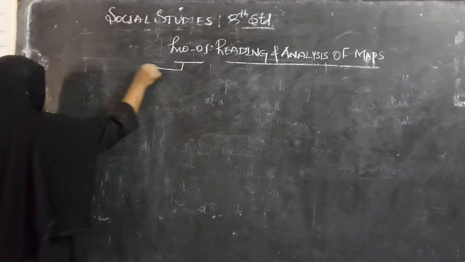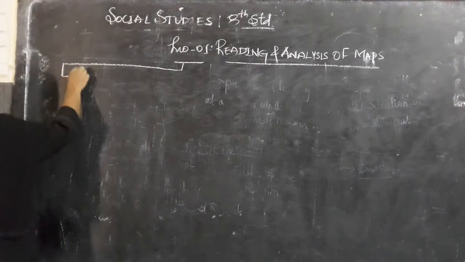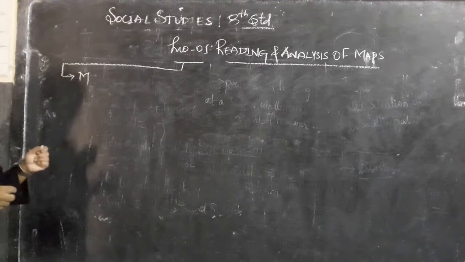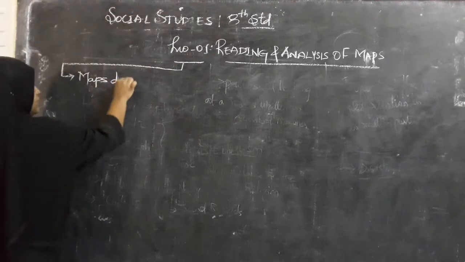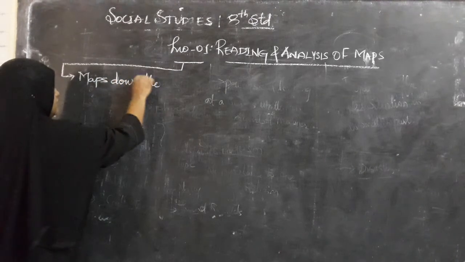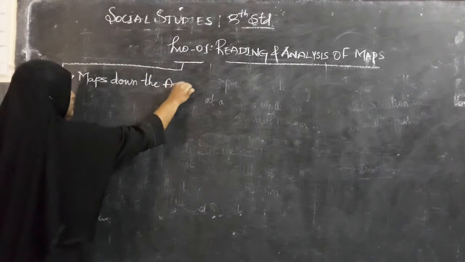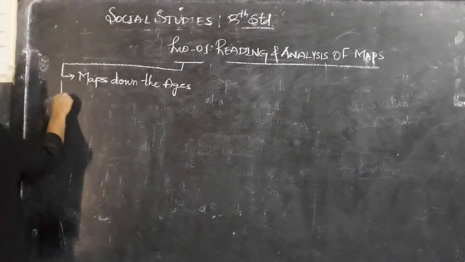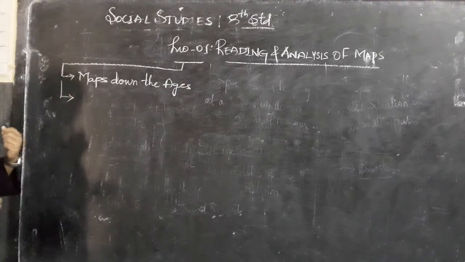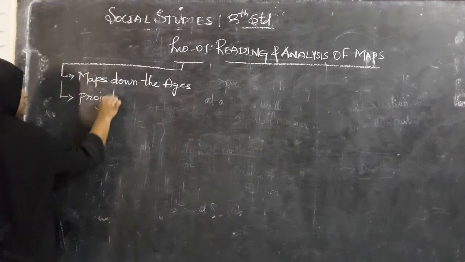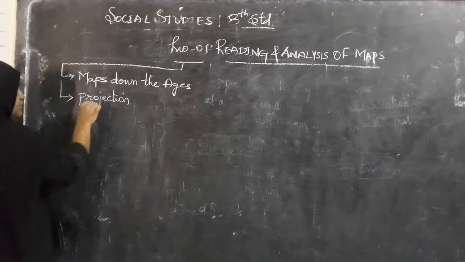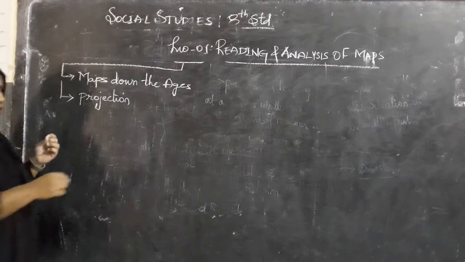Under the first one, maps: maps down the ages. Second is about projection: projection in a map.